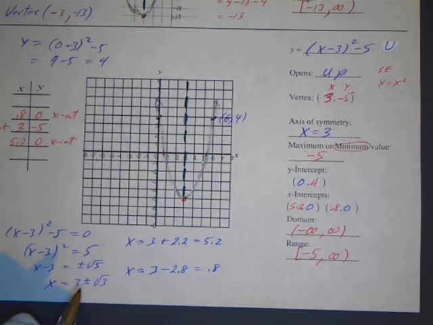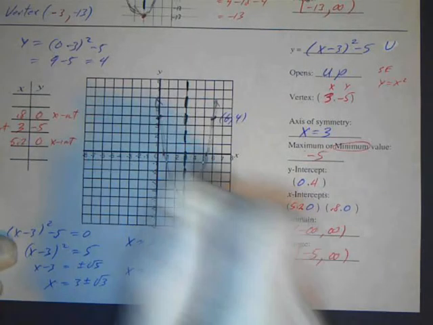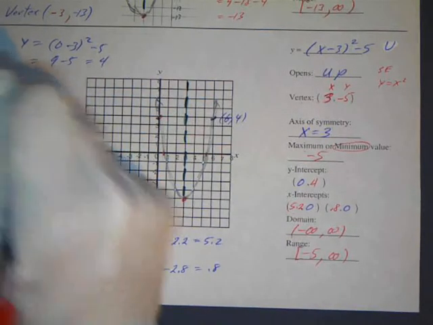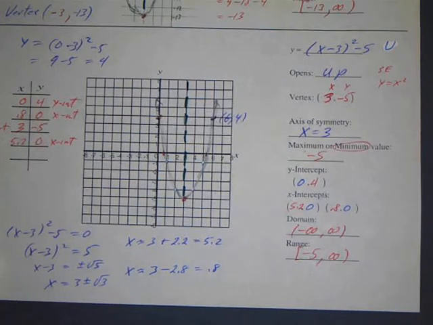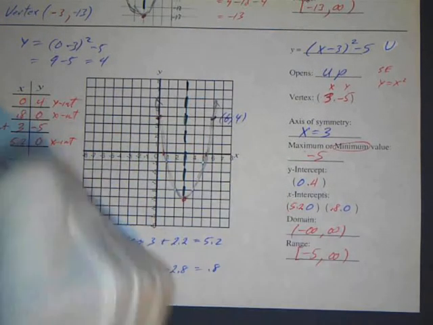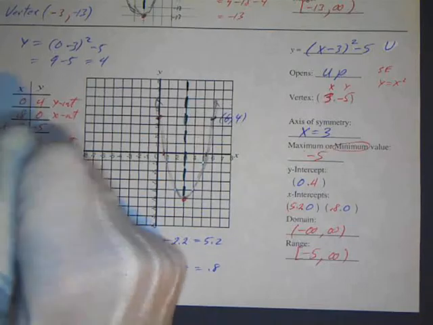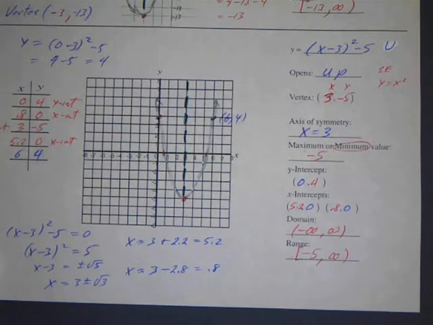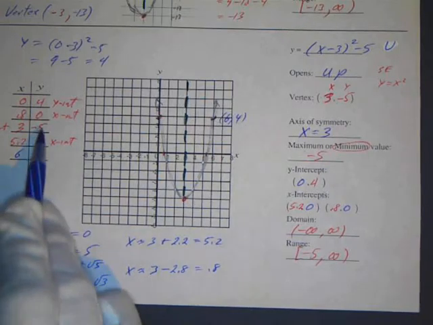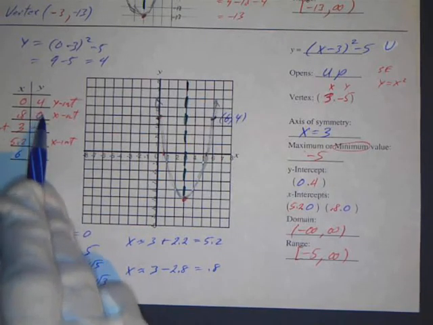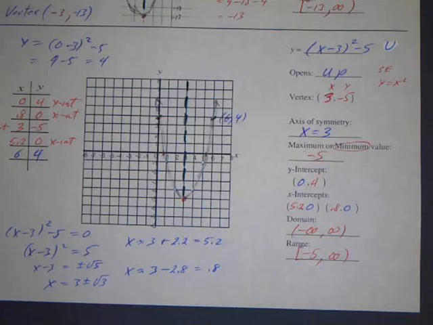And then the y-intercept we got was the point 0, 4. That was the y-intercept. And then the symmetrical point to that was the point 6, 4. And you got nice 5 points that we worked on over here. So you can see we have symmetry about the vertex, 3, negative 5, and 0, 4, 6, 4, as we go along the sides. Okay?